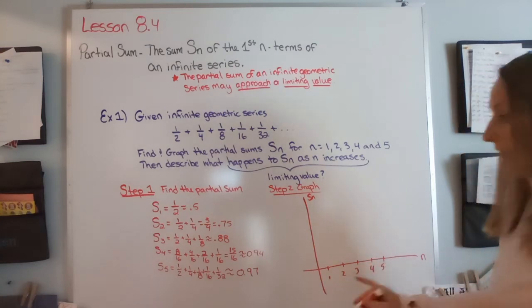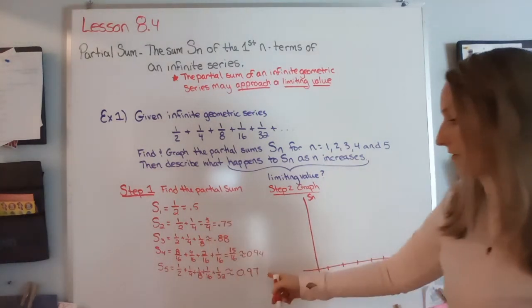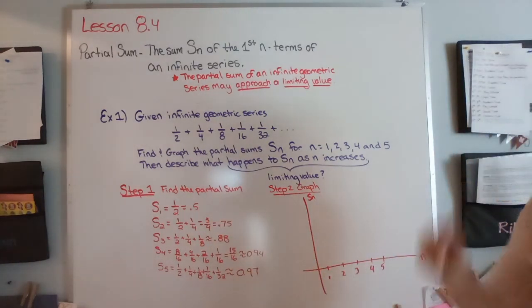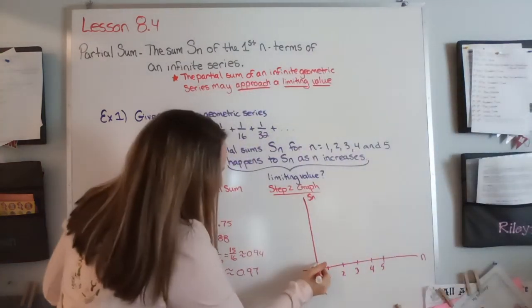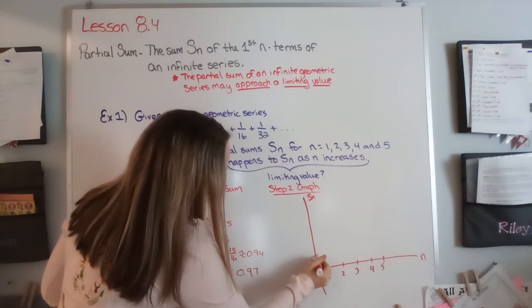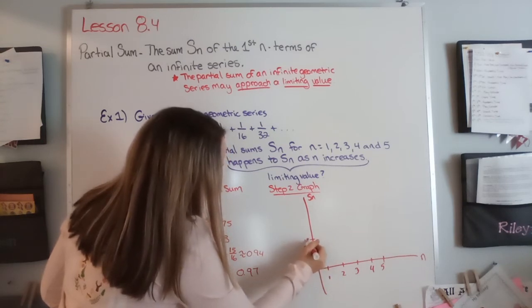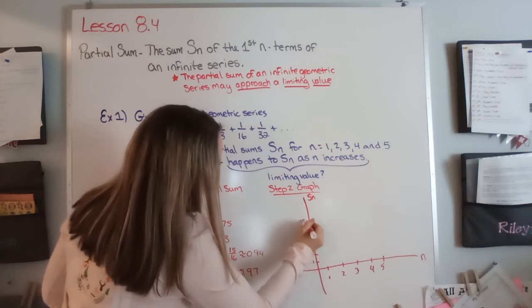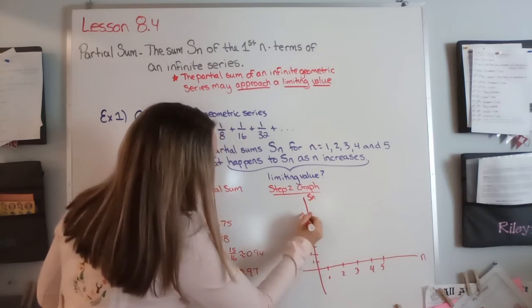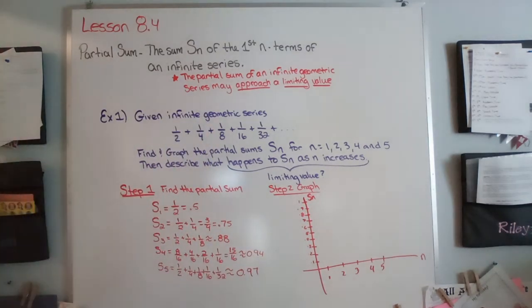For S sub n, I can see it's everything from 0.5 all the way up to 0.97. It's kind of up to you what you want to count by. Maybe I'll count by 0.1, 0.2, 0.3, 0.4, 0.5, 0.6, 0.7, 0.8, 0.9, and then 1. So count by 1/10.